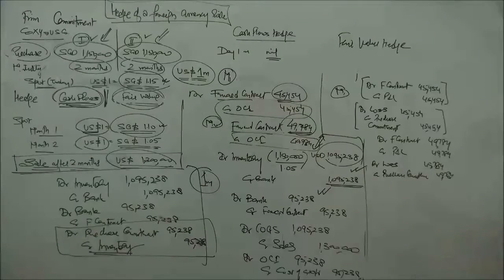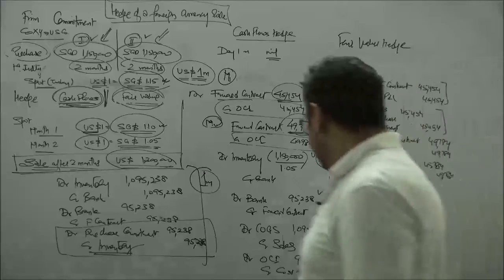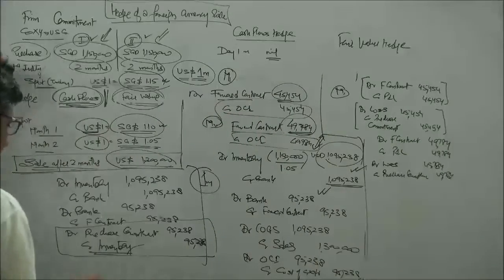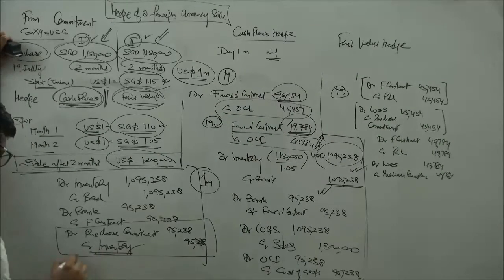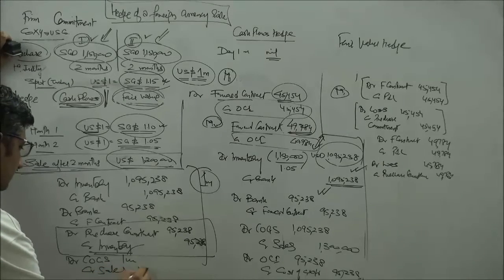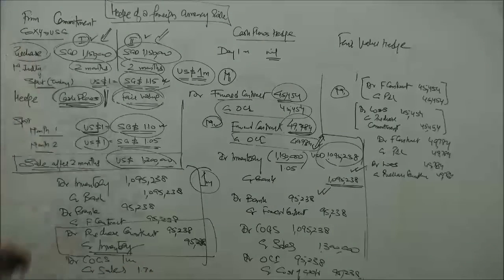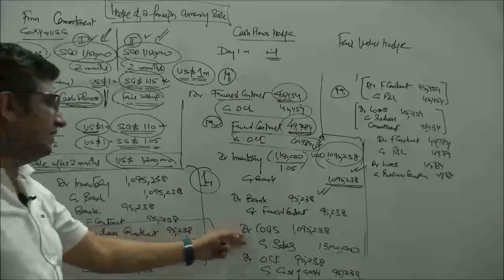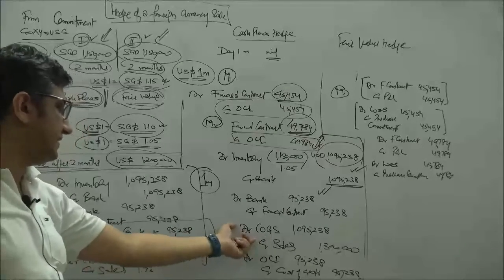When you are actually selling this inventory, exactly the same transaction would come: debit cost of goods sold 1 million, credit sales 1.3 million. So of course my gains or losses would arise at this time, the way we did it here as well. We did not recognize any gains or losses here.